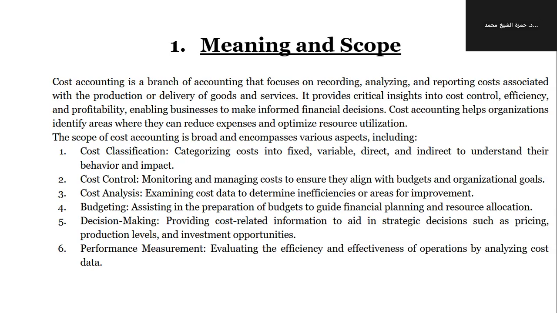Number two, the scope number two is cost control. If you have control over something, that means you will direct this something to the direction which you want to go. I'm controlling my car.